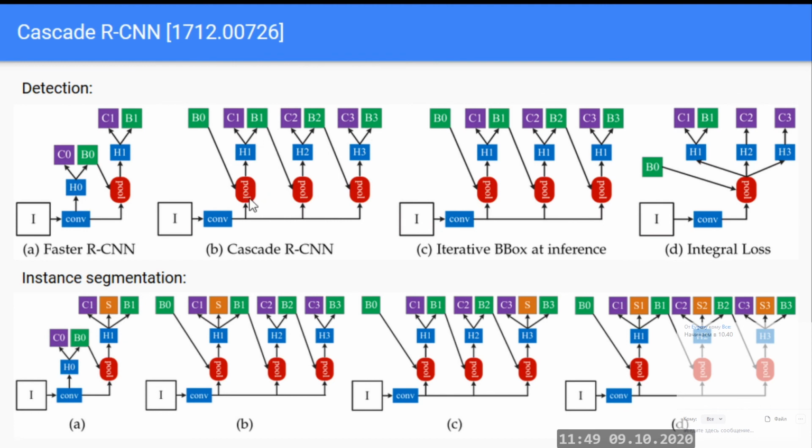We filter out the proposals, we run the bounding box regression adjustments and classification adjustments. Then we run another filtering step, and again we find the bounding box regression adjustments and so on. So basically we run the Faster R-CNN branch several times in some RNN style. We apply the same network several times to improve the predictions in several stages, and the same can be applied to the Mask R-CNN approach.